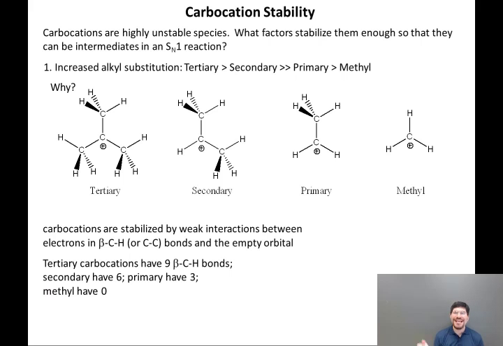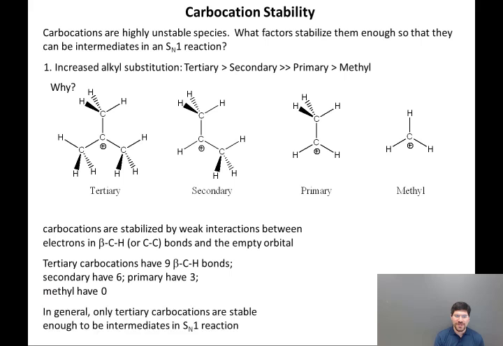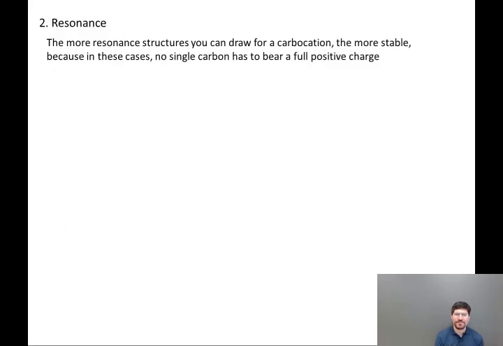So the methyl can't spend any time looking for electrons in such bonds because such bonds do not exist. Therefore, the methyl really, really, really is too unstable to exist. So in general, as I said, only the tertiary carbocations are stable enough by this mechanism of alkyl substitution to be intermediates in an SN1 reaction.